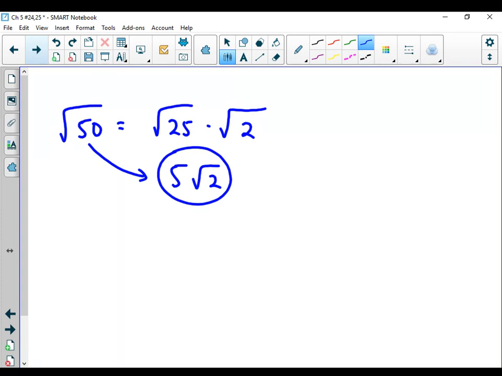And that's why you choose the perfect square. That's my goal, is I'm really pulling out any perfect square.